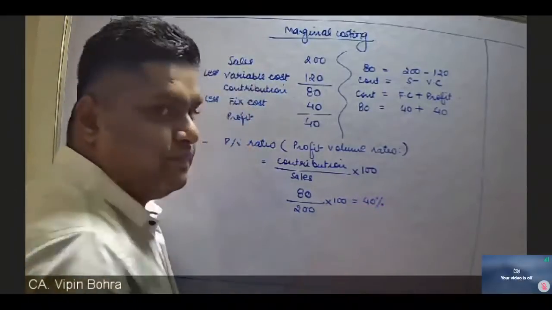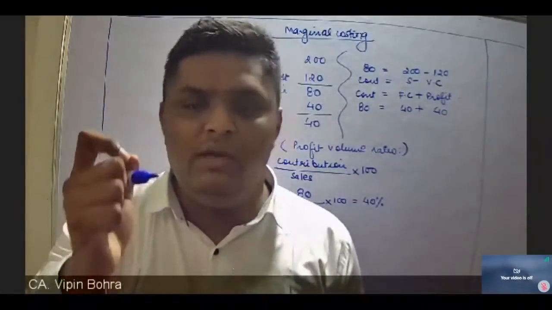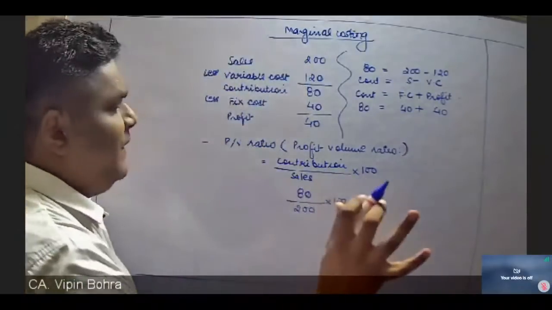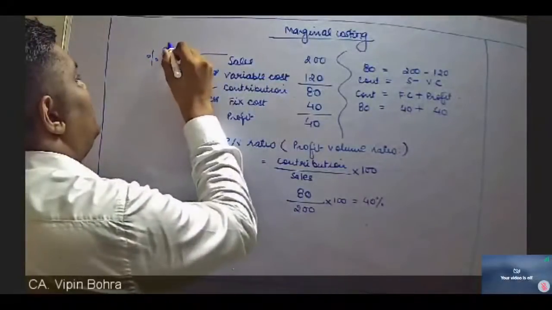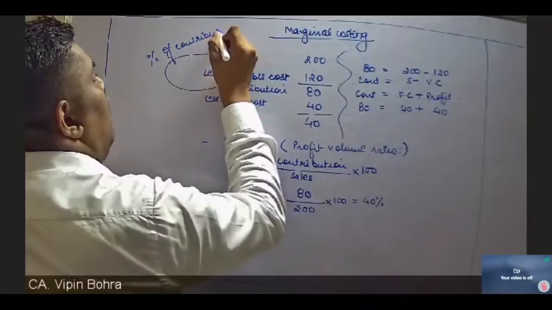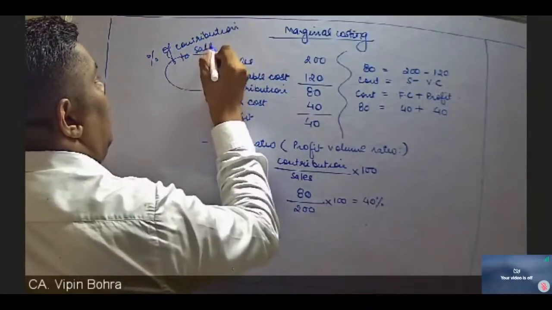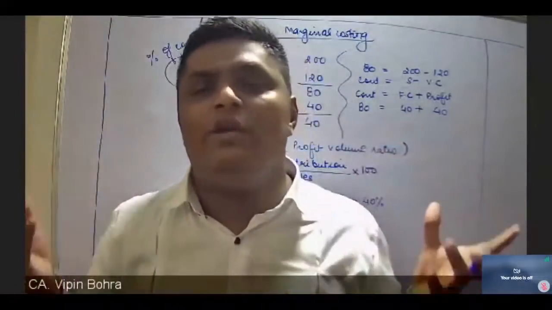So what is PV ratio? Contribution divided by sales into 100. In simple terms, we can say PV ratio is the percentage of contribution to sales.